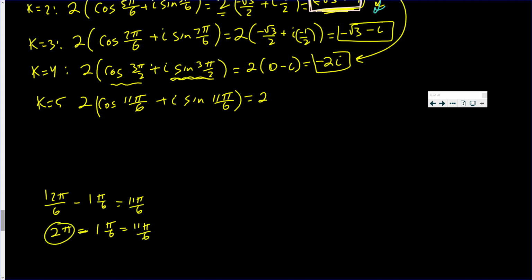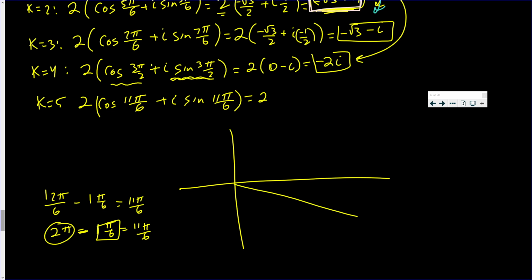So I don't quite go 2 pi, I go pi over 6 less than that. Okay? So I'm just pi over 6 shy of going all the way around. This is 30 degrees.